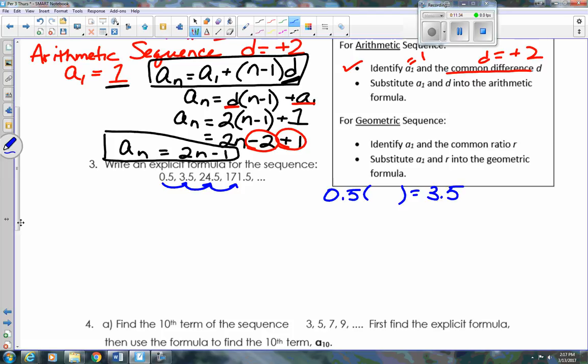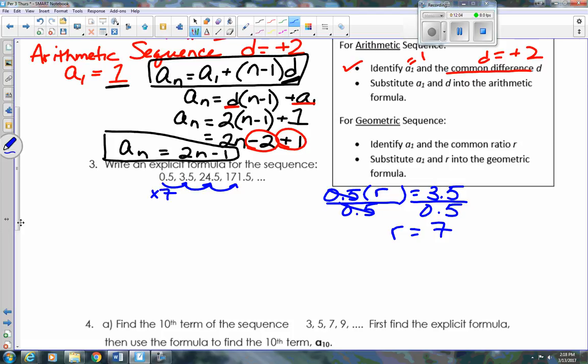That thing we multiply by, if indeed we multiply by the same thing, that's our r value, our common ratio. So I'm just going to use r. And if I want to figure out what that r is, I'm going to divide both sides by 0.5. And I get r equals 7. 3.5 divided by 0.5 is 7. So I know at least if I multiply 0.5 by 7, I get 3.5.